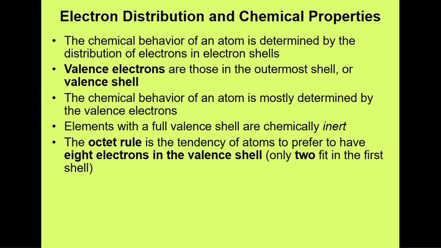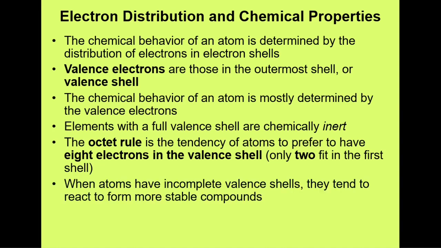An important point here is that only 2 electrons will actually fit into the first shell. So I'm going to show you examples of this on the next slide. But as we've already established, when atoms have incomplete valence shells, they will tend to react to form more stable compounds, because not only can the shell fit 8 electrons, it wants to fit 8 electrons, and that is the key. So atoms are always sort of trying to complete their valence shells.